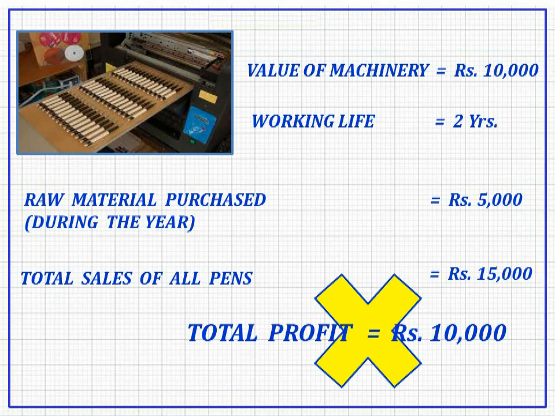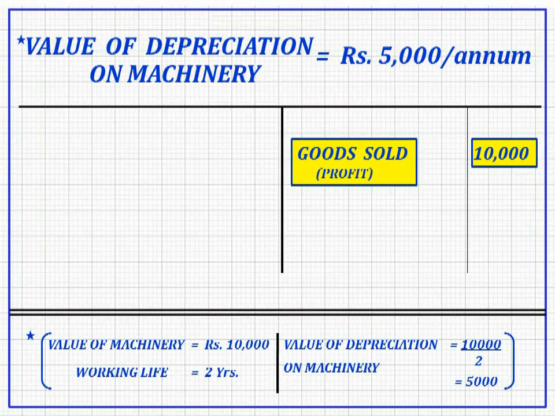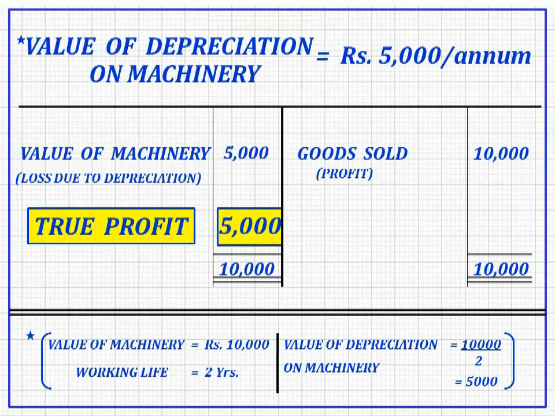You are forgetting one main thing, that the value of depreciation on this machinery for 1 year is rupees 5,000. On one side, you have made a profit of rupees 10,000 through sale of goods. On another side, you have lost the value of the machinery by rupees 5,000. In fact, the true profit is rupees 5,000, not 10,000.